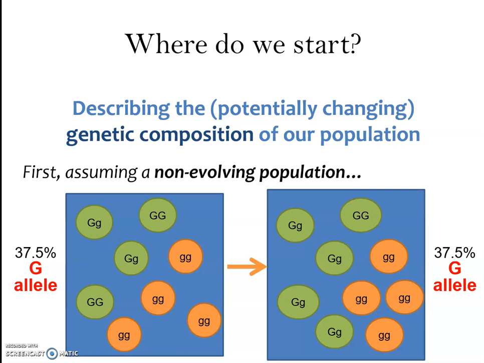So you see we've got some homozygous dominant individuals, some homozygous recessive individuals, some heterozygotes, right? And if we counted up all the big G's and the little g's, you would determine that there is a frequency of big G's that is 37.5. So 37.5% of the alleles in this blue box are big G alleles, which leaves 62.5% as little g's. Okay.